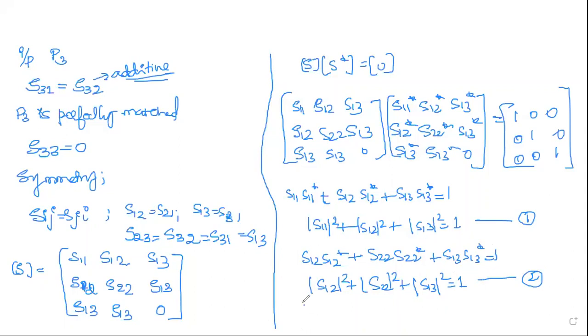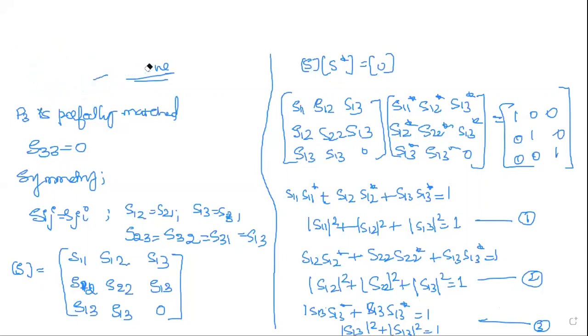Again, third equation, it is third row, third column: S13 S13 star plus again S13 S13 star is equal to 1. So we'll have S13 magnitude square plus S13 magnitude square is equal to 1, which will be your third equation. I hope this is the same. There is no confusion because you will be doing it similarly to your E-plane. The same concept you are applying here also.